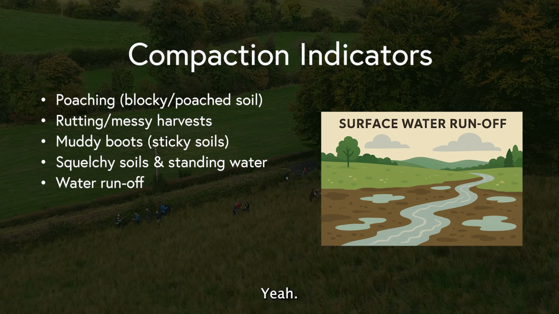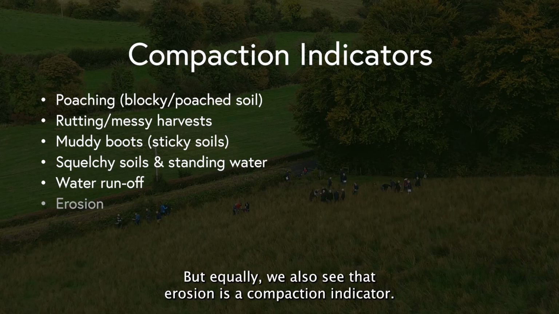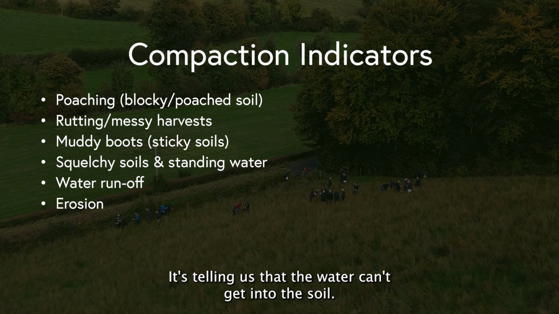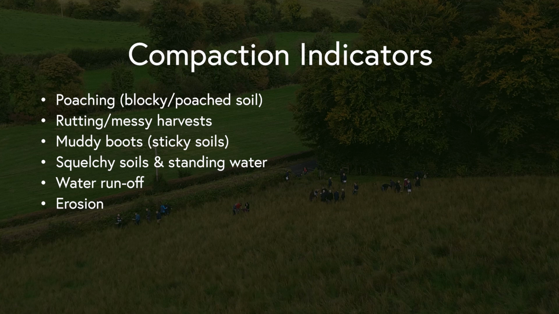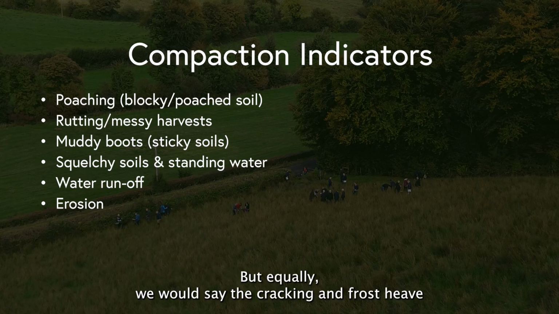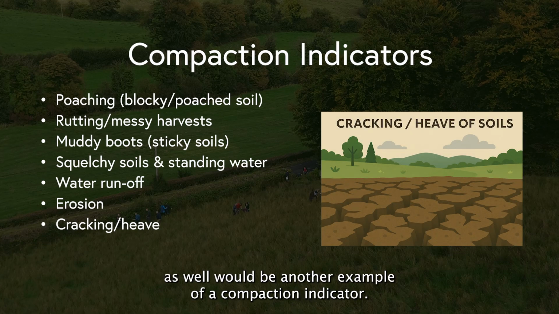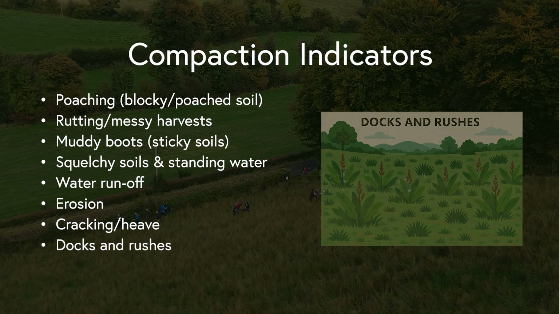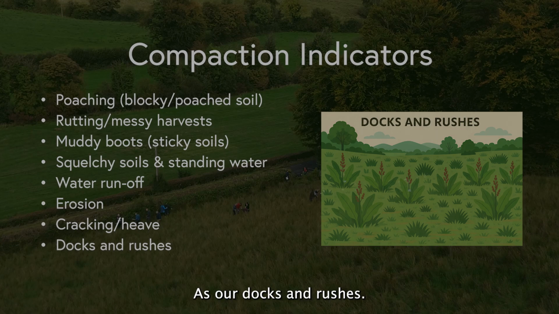But equally, we'd also say that erosion is a compaction indicator. It's telling us that the water can't get into the soil, therefore it's running off the surface and taking soil with it. But equally, we would say that cracking and frost heave would be another example of a compaction indicator, as are docks and rushes.